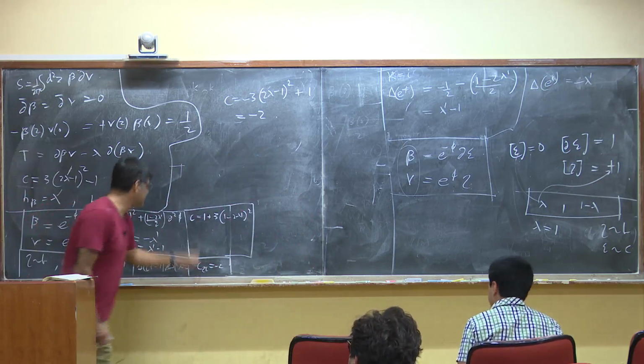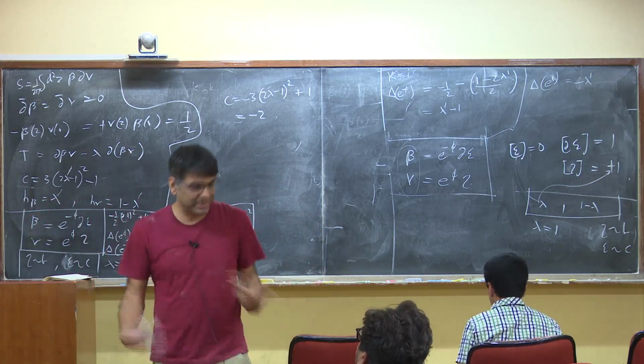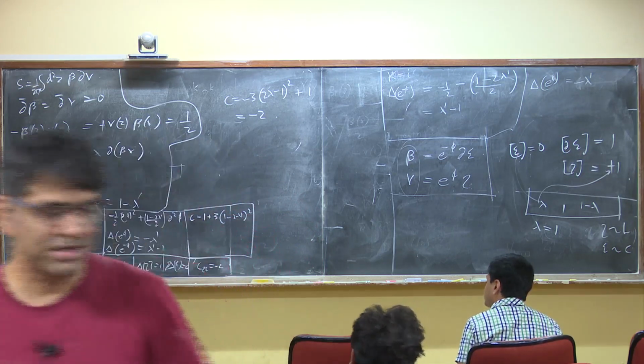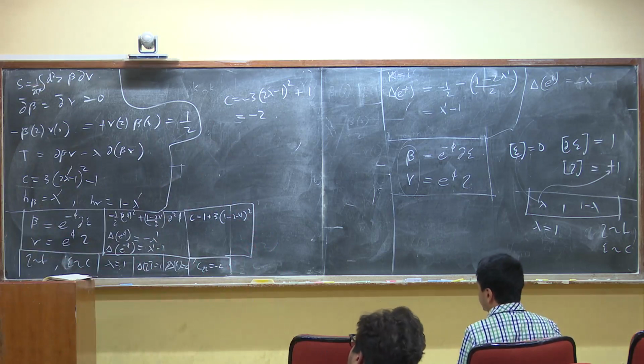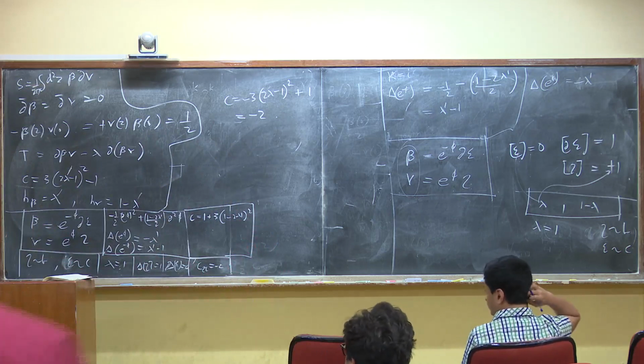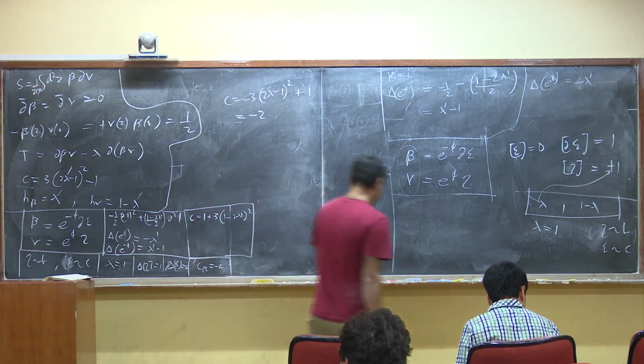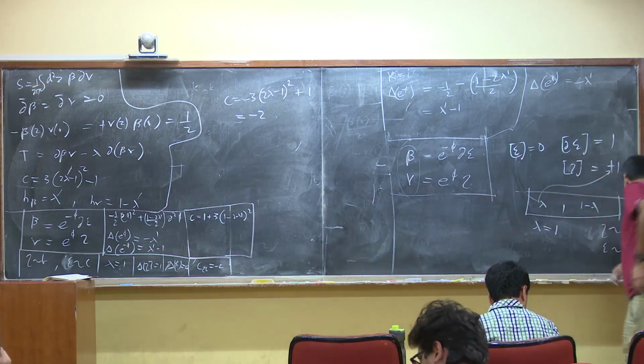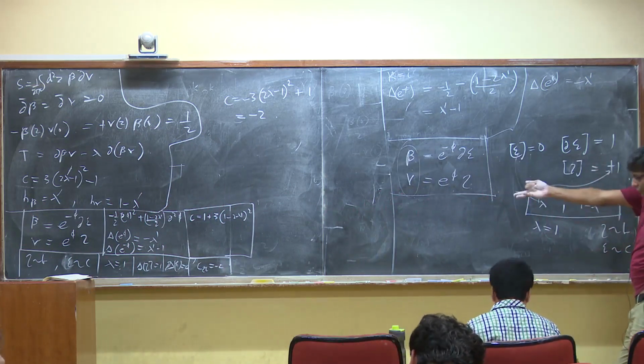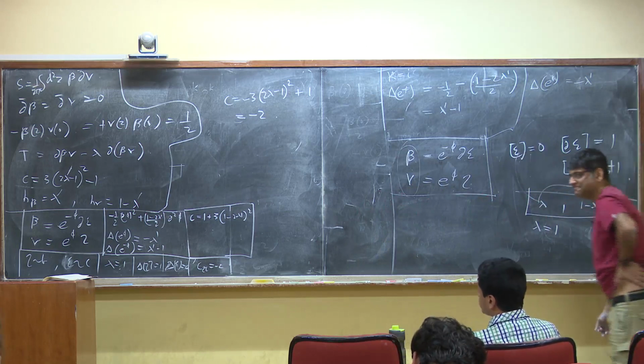Okay, so the sum of the central charges of these two theories is equal to the central charge of the original beta gamma system.